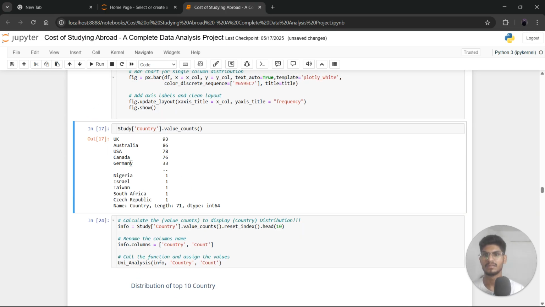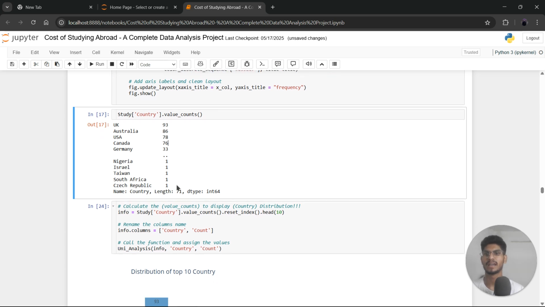Wait for a while. So we can see the number of entries, or the programs that the countries are offering. UK is giving 93 programs within the data, Australia 86, USA 78, Canada 76, Germany 33.